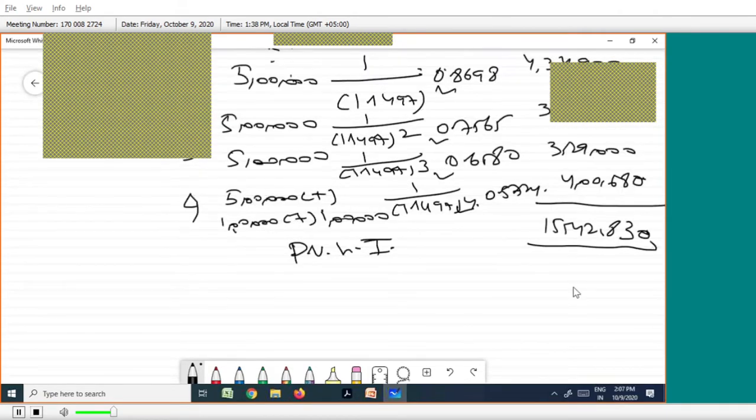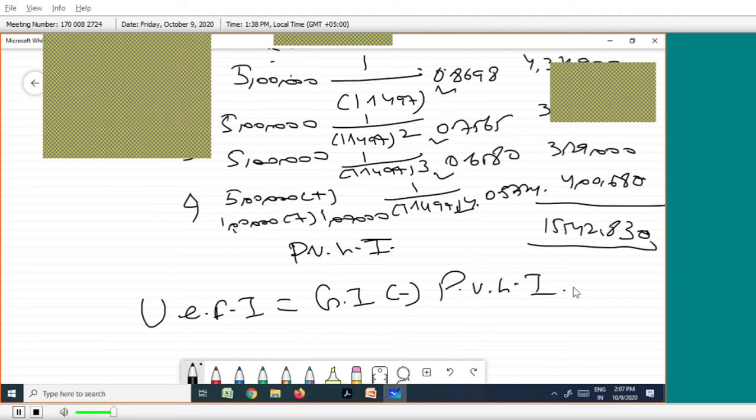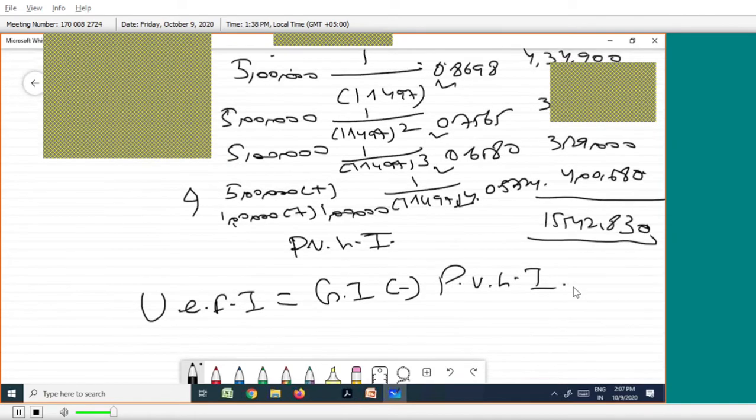So what should I do? Unearned finance income is what actually? Unearned finance income equal to gross investment minus present value of gross investment.